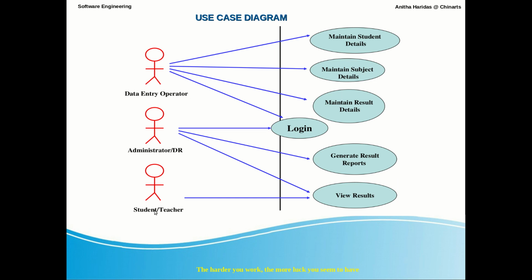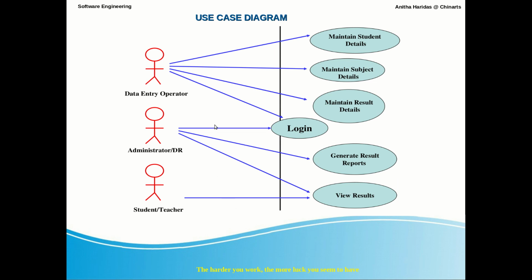If you take a student, the student can perform one particular task. What is that? He can view the result, or the teacher can view the results. Whereas the administrator or the director is given 3 different functionalities: login, generating the result reports, or viewing the results.